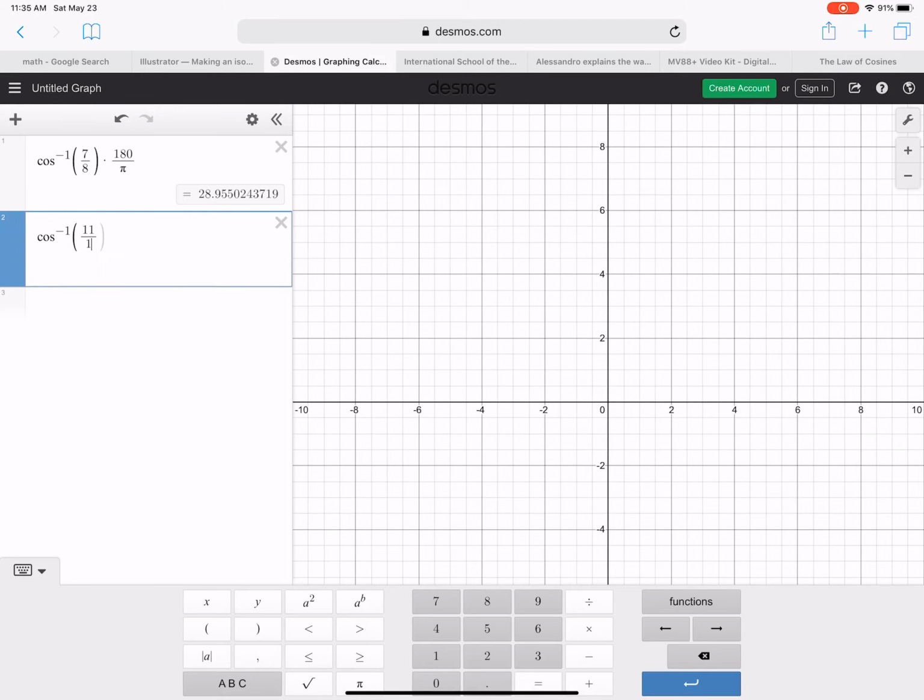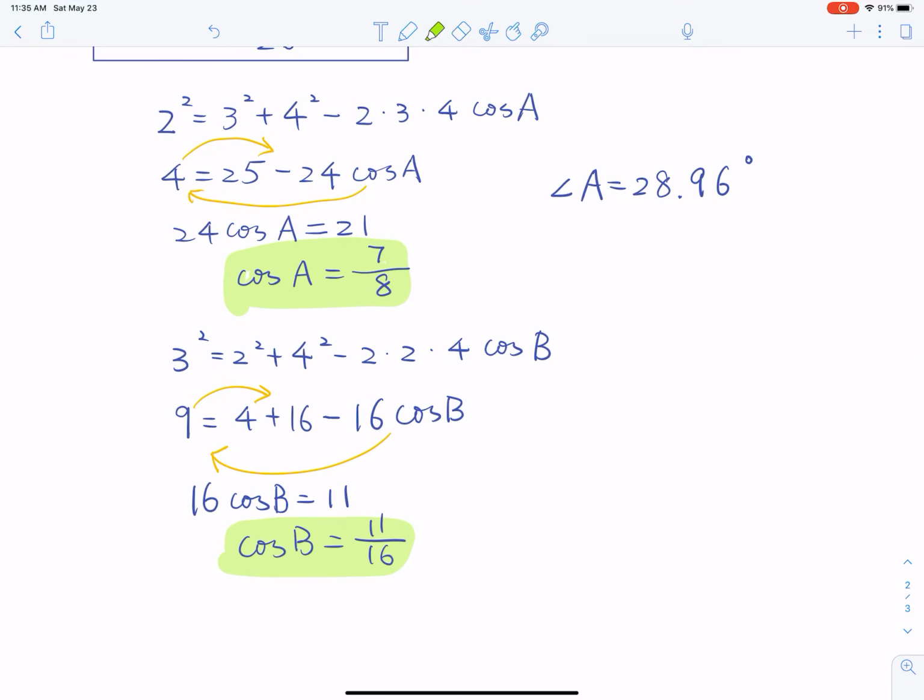11 divided by 16, and this is radian, times 180 degrees divided by pi. So 46.57. Okay, copy it. So angle B is 46.57.